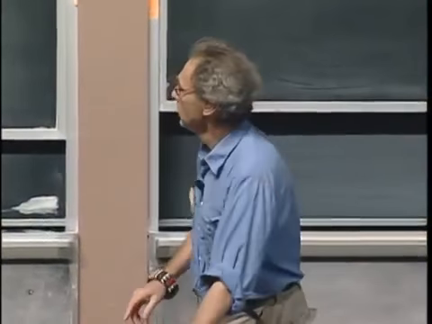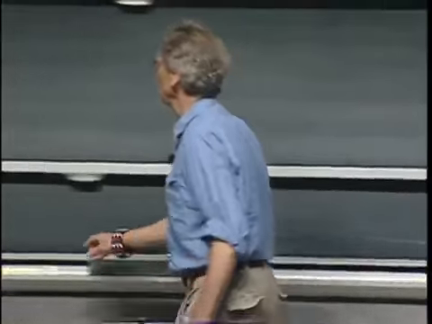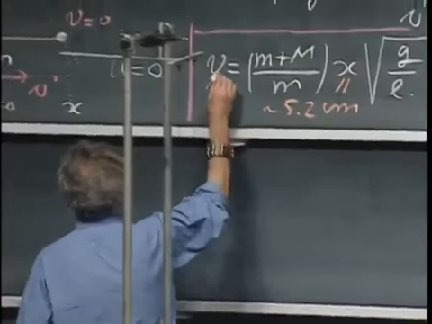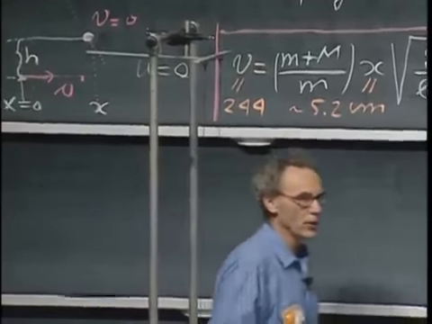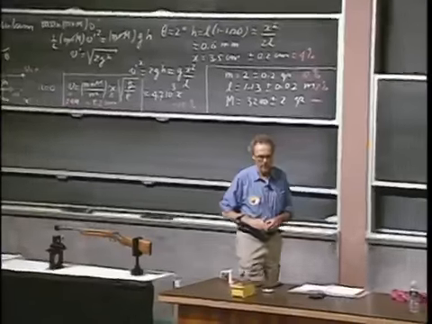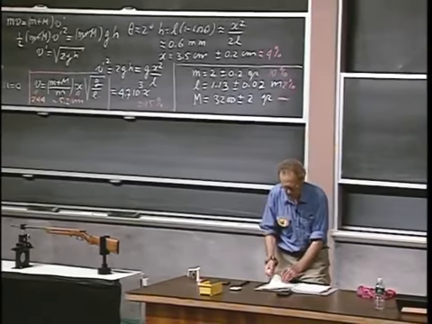I remember last time we had something very similar. So the speed of the bullet is about 244 meters per second. It's a little under the speed of sound, which is 340 meters per second. And we came to the same conclusion last time.